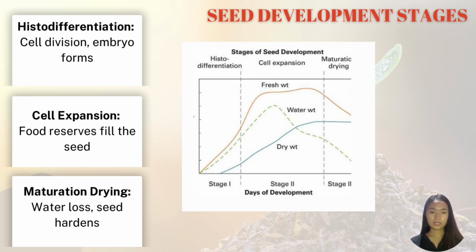And the second stage is cell expansion, where the seed grows bigger and food reserves like starch, protein, or oil are stored inside. And the final stage is maturation drying, where the seed loses water, the seed coat hardens, and it becomes ready for storage or dispersal until it finds a suitable place to grow.